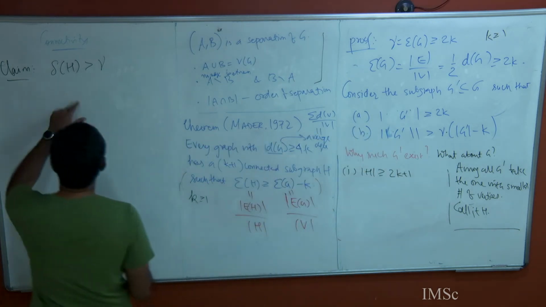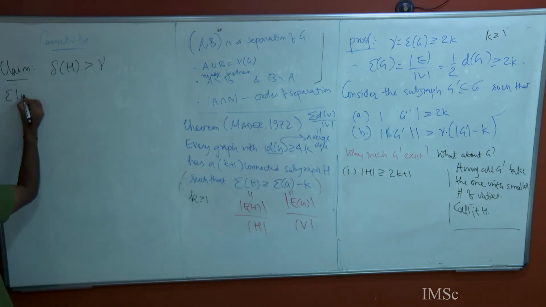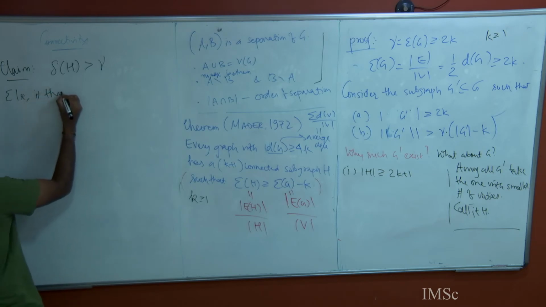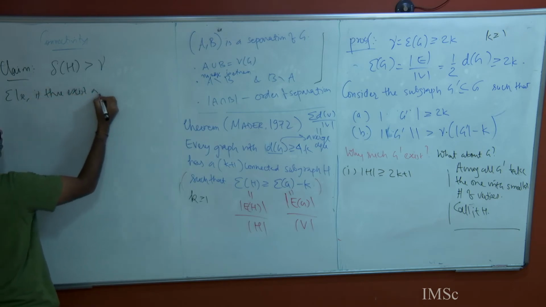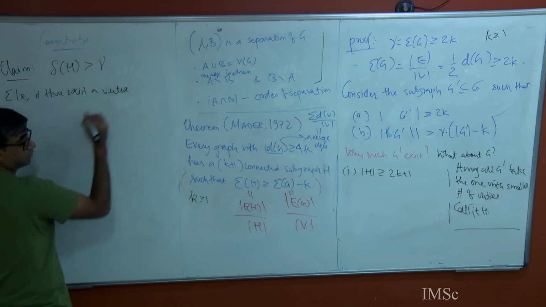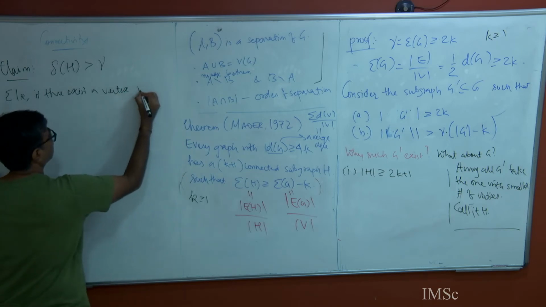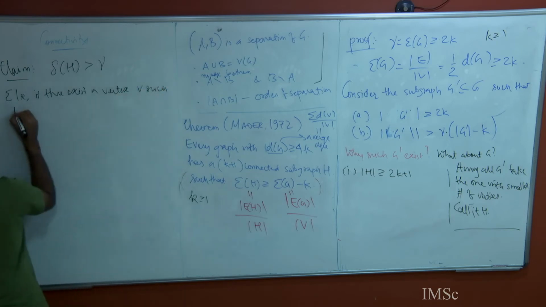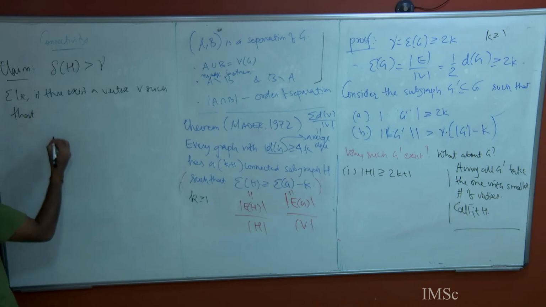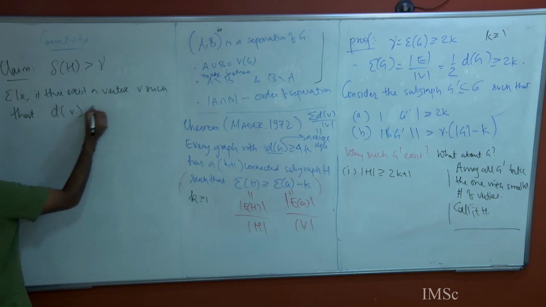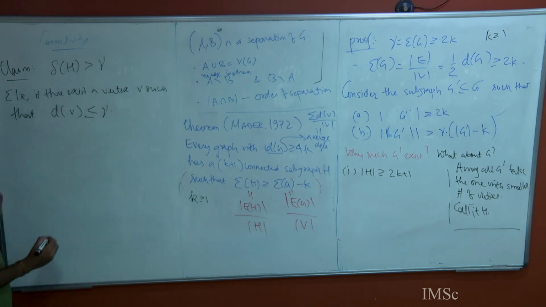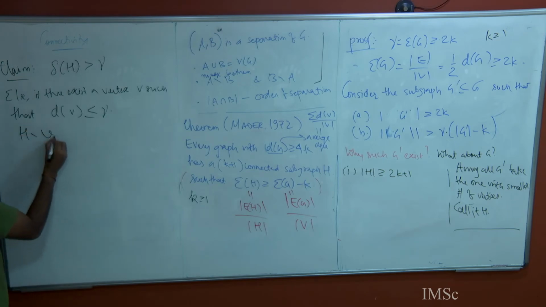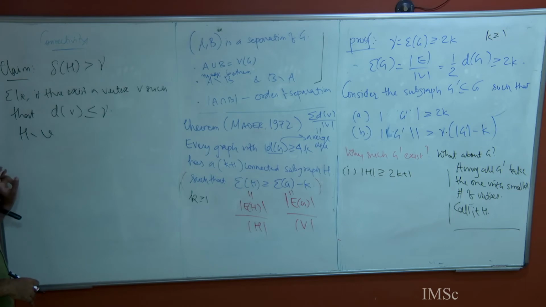If not, if there exists a vertex V such that the degree of V is less than or equal to gamma, then what is the property of H minus V?